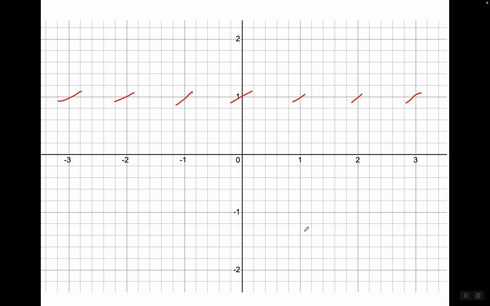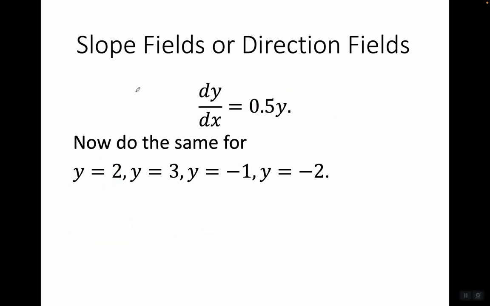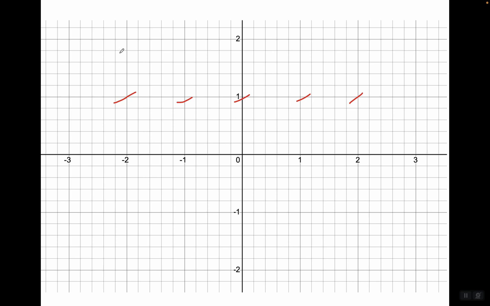Okay, so again, we start off with these. Wherever y is 1, the slope is going to be 1/2. So let's do that. Kind of sloppy, sorry about that. Then whenever y is 2, the slope's going to be 1. So here y is 2, let's graph little lines with slope 1.